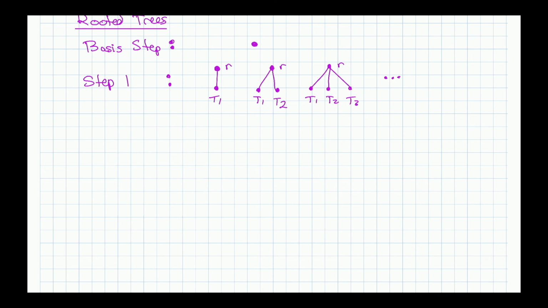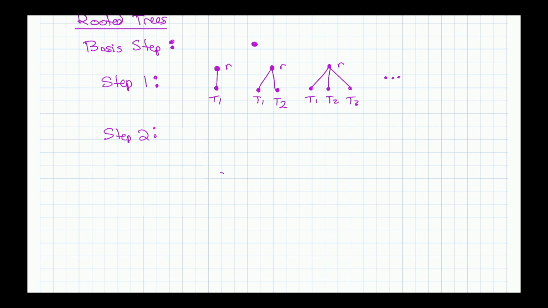But now that you've got a new list of rooted trees, you can make even more. So we can do step 2, get more rooted trees. Okay, so how would we do that? Well, you can pick your T1 and T2 to come from any of the previous examples.